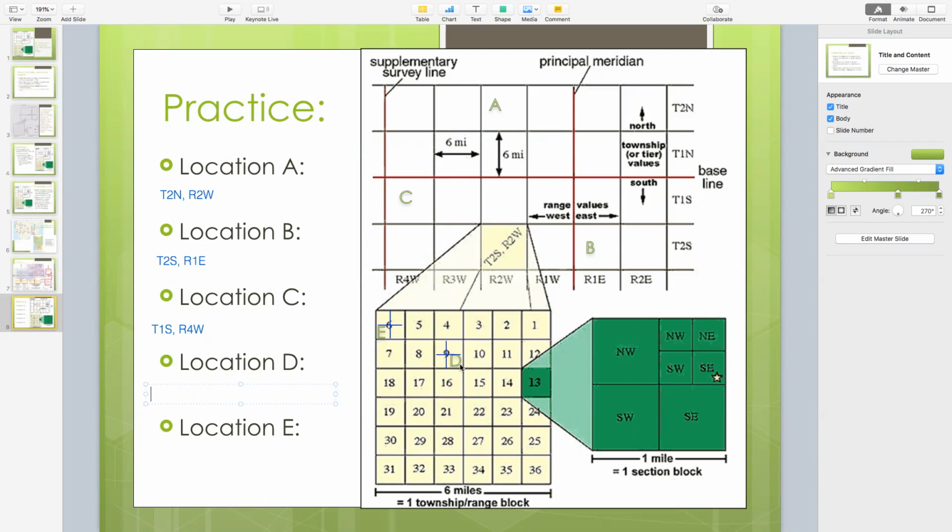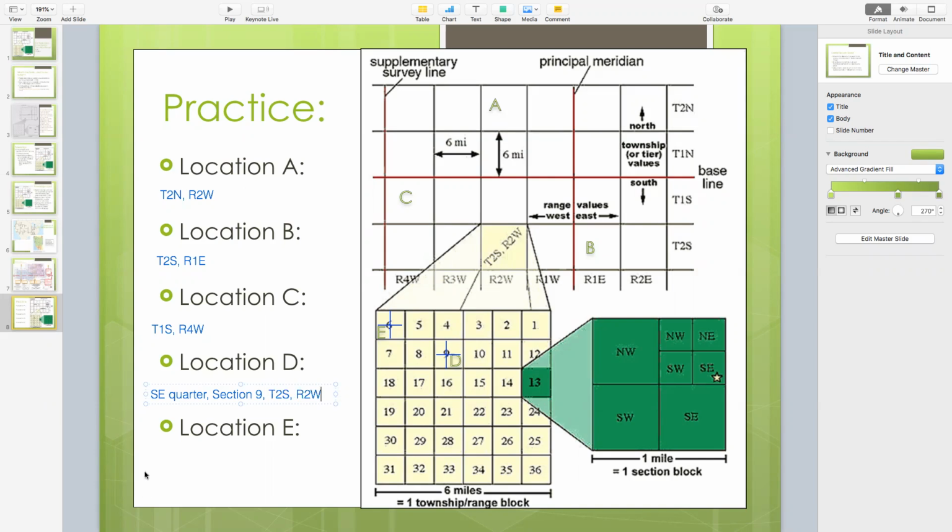D is located in the southeast quarter of section 9 of Township 2 South, Range 2 West. That is where D is.